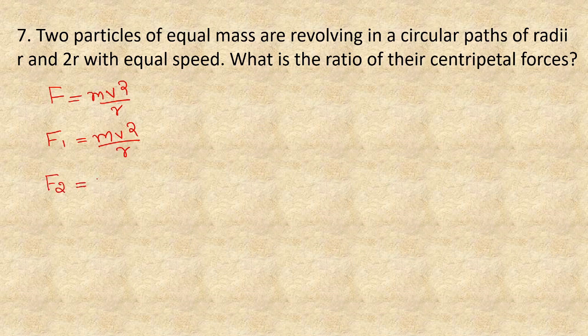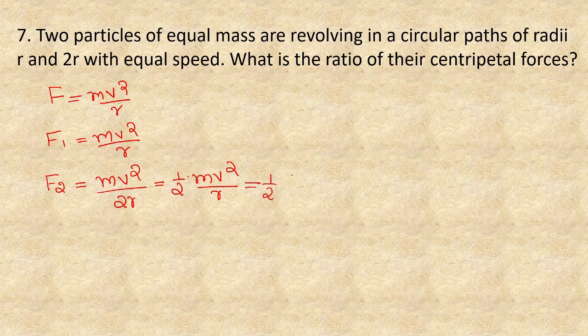Here F2 is equal to, again mass is the same and the velocity is also the same, mv square by, instead of r here the radius is 2r. So that is equal to 1 by 2 into mv square by r. What is mv square by r? That is the centripetal force for the first body.